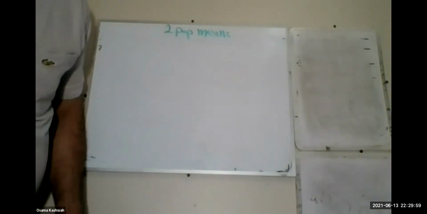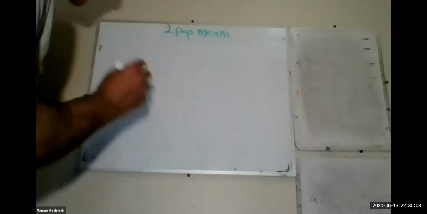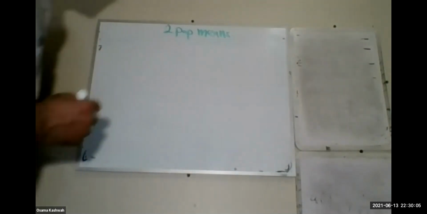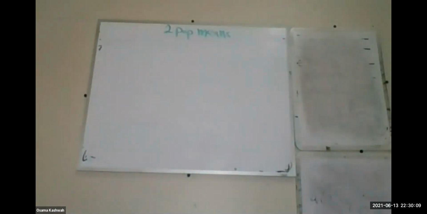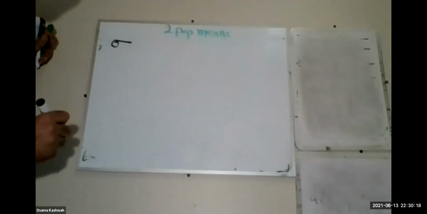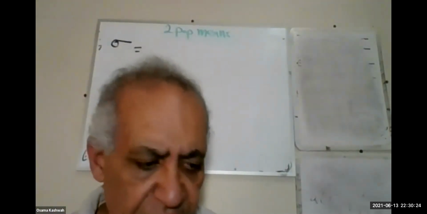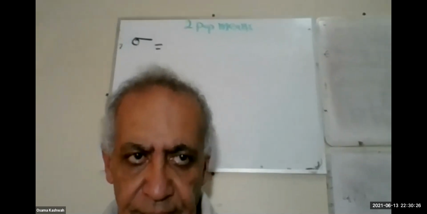Okay, perfect. Then if sigma of the population, we know that this is the sigma. If the sigma of the population is known, then the relationship will take this form.